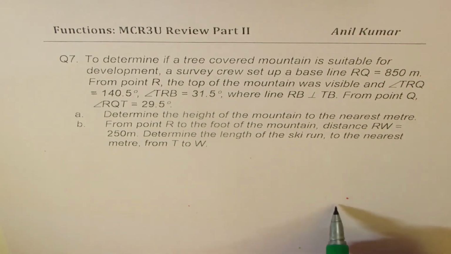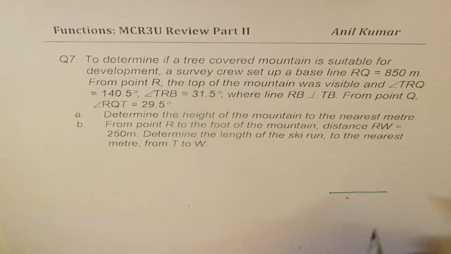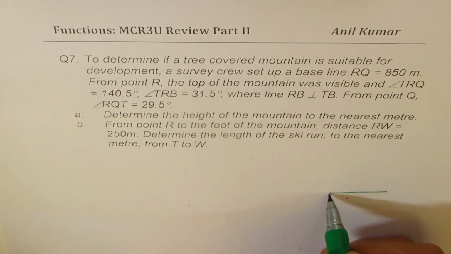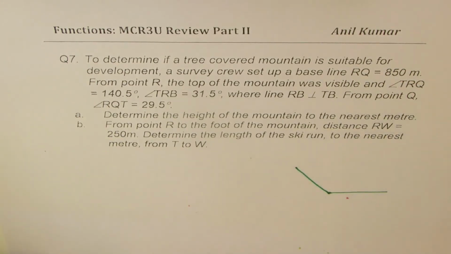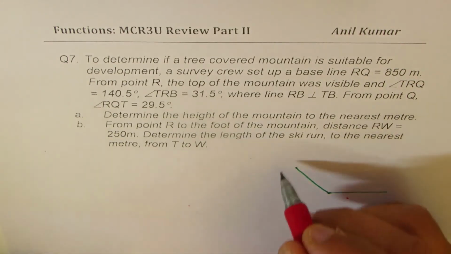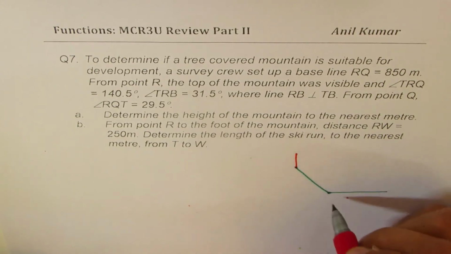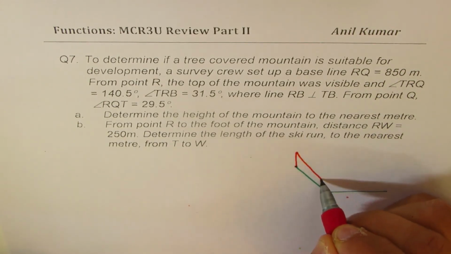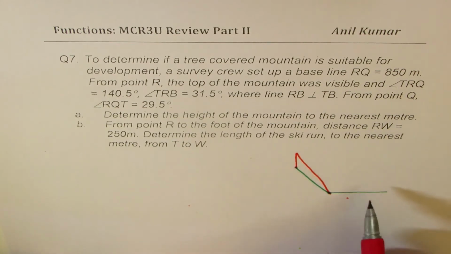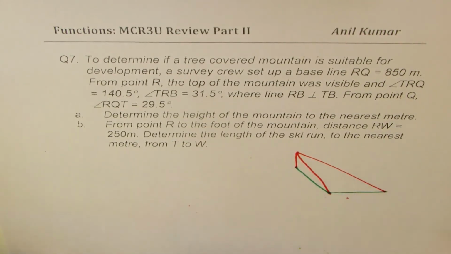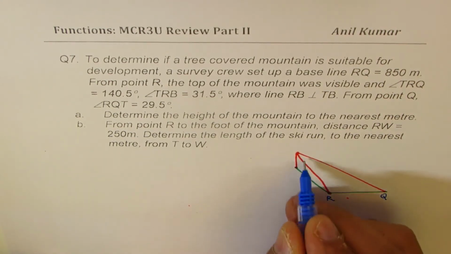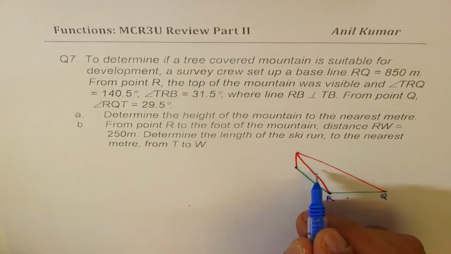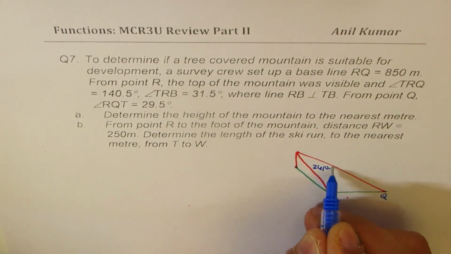What we just did was that we had this kind of situation. I'm making a smaller diagram now. That's the mountain, and this is the original diagram. What we solved just now was that this is the point R, that is Q, and this side was calculated to be 2410.4.